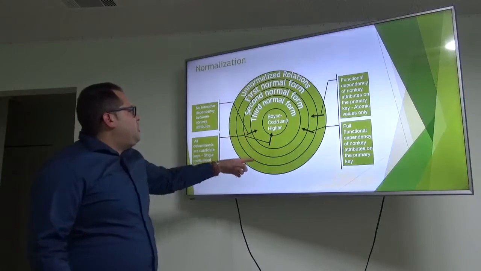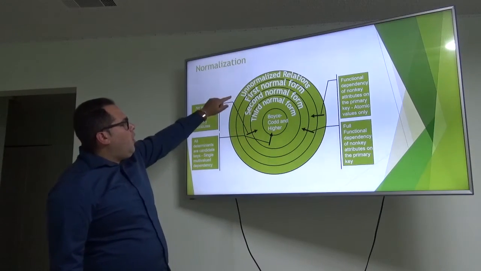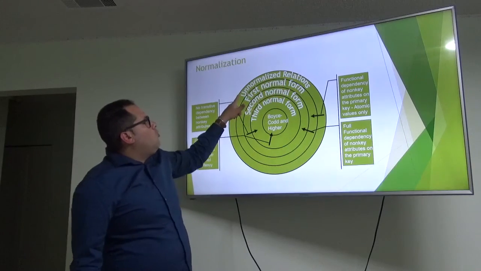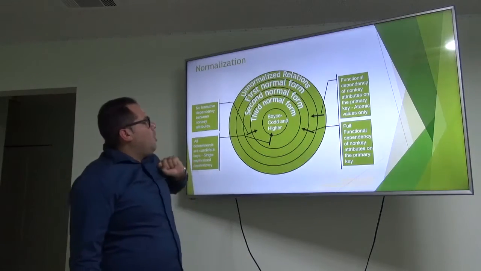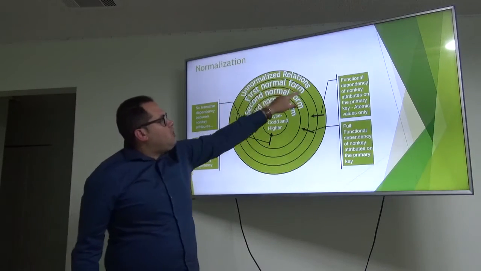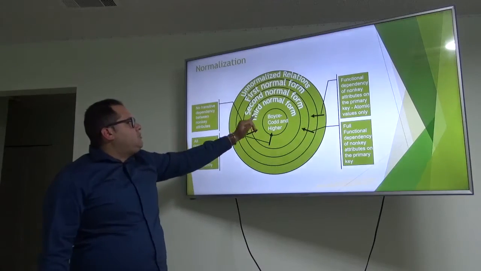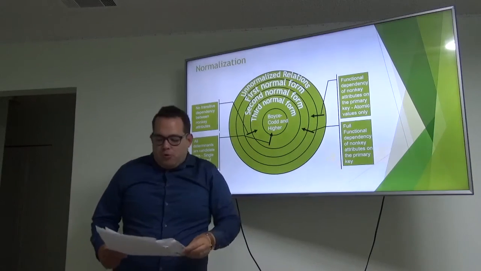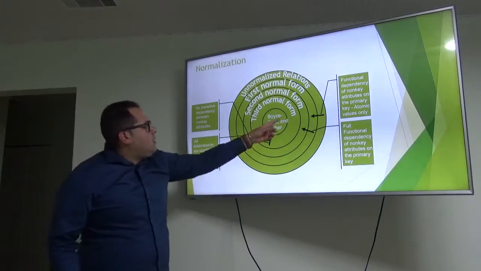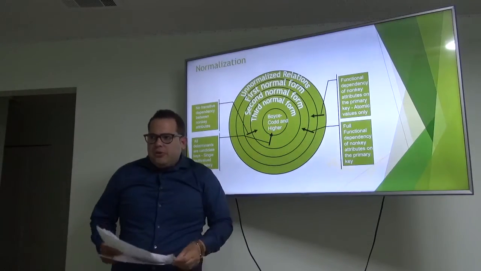We have a graphic here, starting from unnormalized relations. Then of that, we have the first normal form, the second normal form, and the third normal form. And we have then Boyce-Codd and higher.